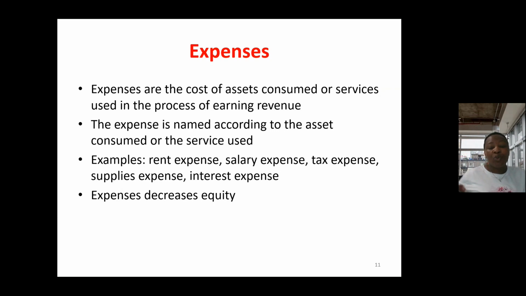If you're going to pay your workers' salary, that's a salary expense. If you're going to pay tax, that's a tax expense. What expense does is that it decreases equity, and that's why we said that while revenue is increasing, you want to ensure that your expenses are reducing, so that you can have increased profits, which translates into an increase in capital equity.